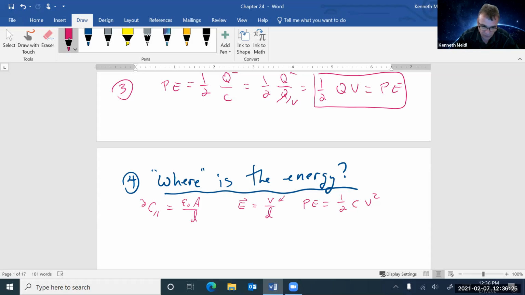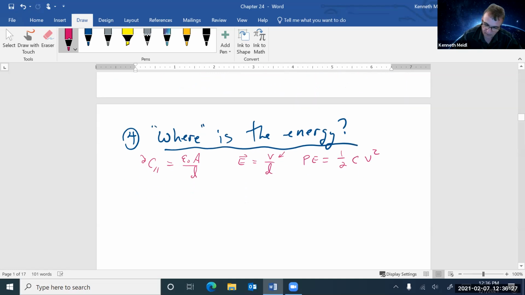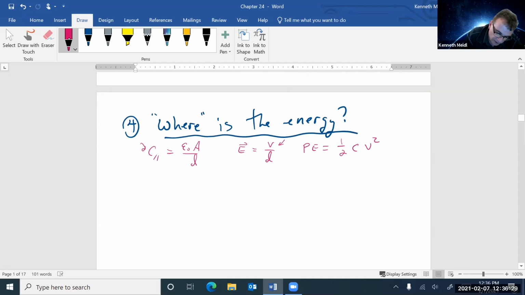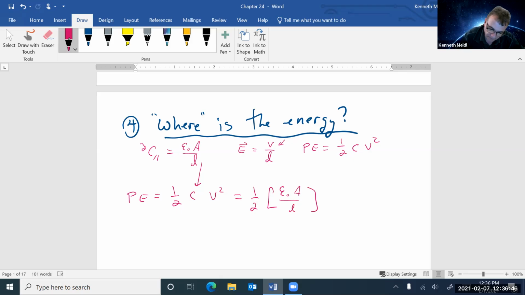So let's take a look. The potential energy is 1/2 C times V squared. So 1/2, and C for a parallel plate capacitor is that right there. And then I'm going to use the second statement, that the electric field is V over D, to substitute out the voltage.